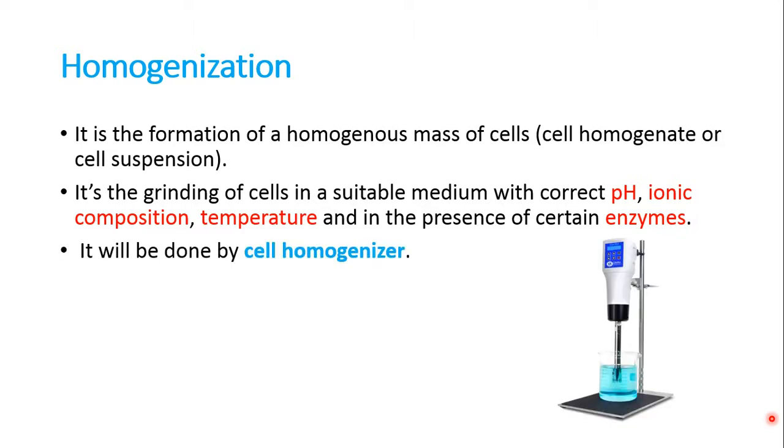Here you can see the cell homogenizer. It's like a food mixer or blender, but a different type of machine. We will put our tissue into this beaker or bowl, and after providing a suitable medium, we will run this machine and we will get our homogeneous cell suspension.